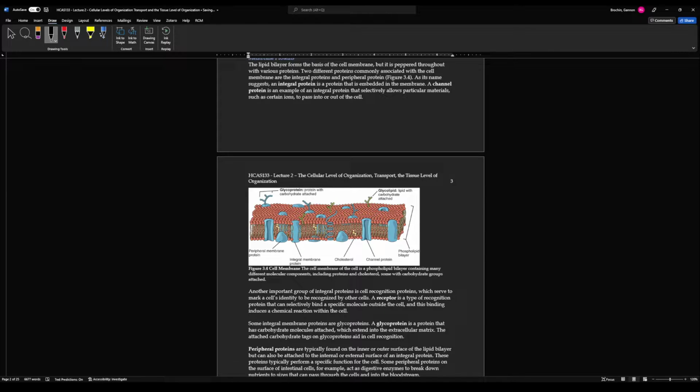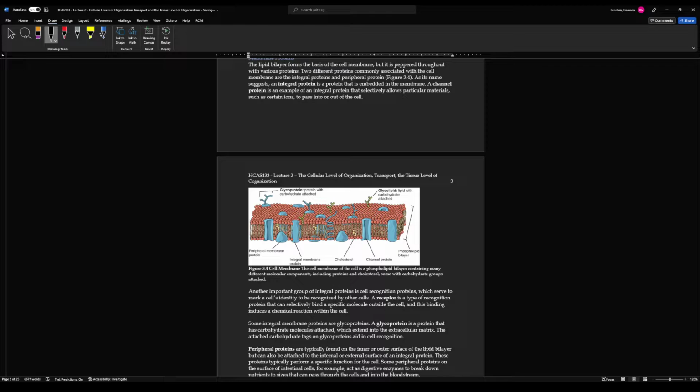These channel proteins have a very specific shape and a very specific charge, and this allows very specific substances to flow through them. A common example of this could be something like a sodium leak channel, and it's called a leak channel because the inside of the cell will contain more sodium, and the sodium is able to essentially just flow out of that channel.